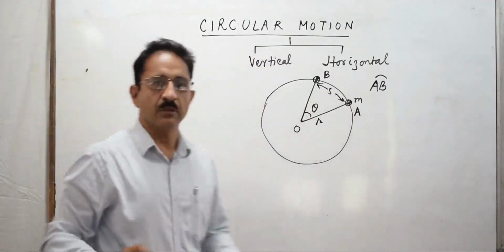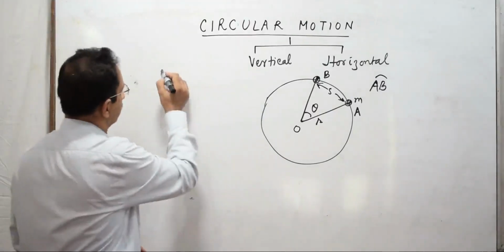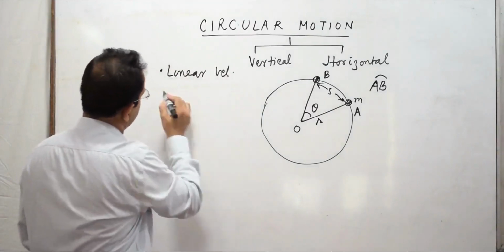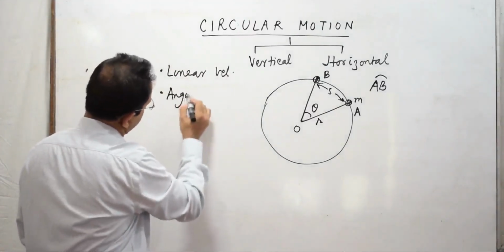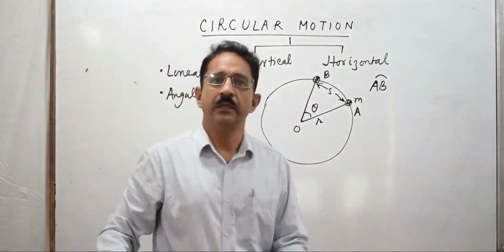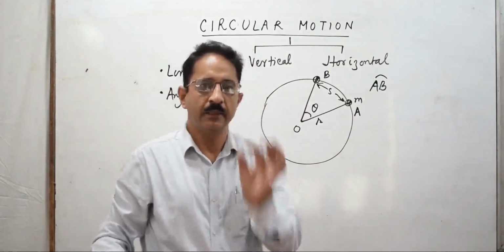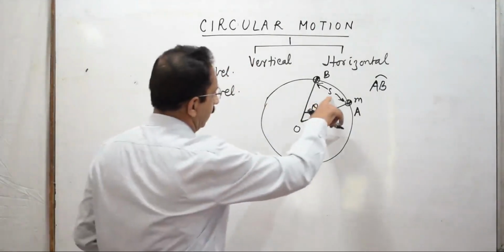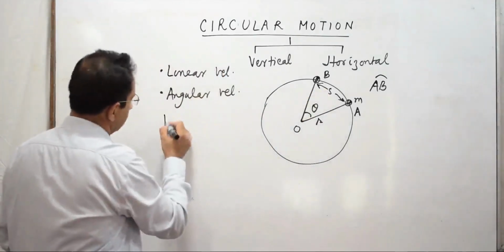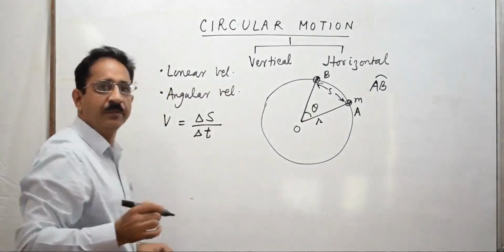Now there are two ways of describing this motion. We introduce two types of velocities which the object can have. One is called its linear velocity and the other is called the angular velocity. What is linear velocity? Linear velocity, as usual, is the linear distance covered per unit time. So if I take a time of delta t, during that time delta t, if the body describes a distance delta s, then I say linear velocity is the ratio of distance covered over time taken.